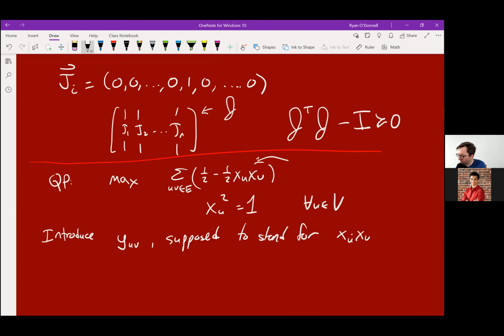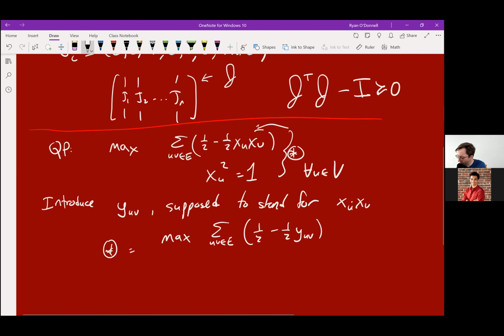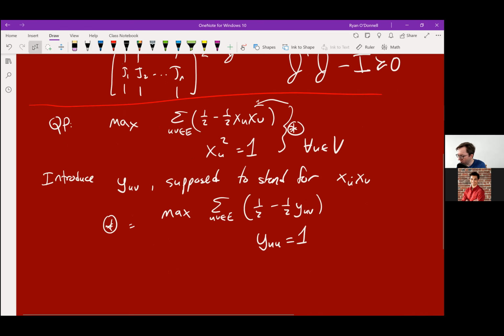And then this became equivalent to maximizing the sum over edges (u,v) of this, which looks linear. Yeah, that's right. And we have this linear constraint as well, y_uu equals 1. But then we try to enforce this other last constraint, which is that there exist reals x_u, one for each vertex, such that y_uv equals x_u x_v.